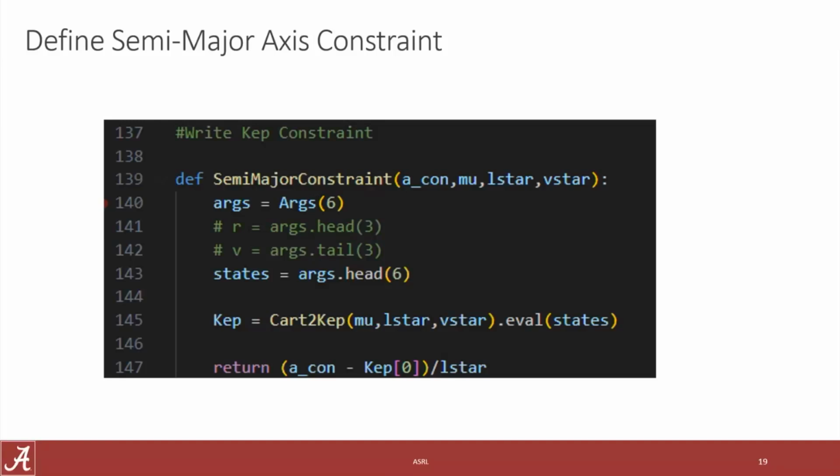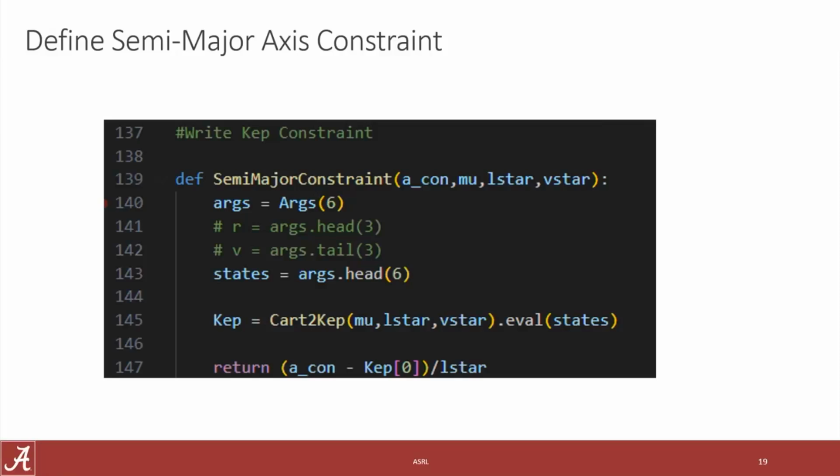Good catch. Yeah, this conversation makes a lot more sense if you're able to see the function we're talking about. So what we're doing is passing in a few constants from the asset side. We're going to have some semi-major axis constraints that we're trying to drive the value to.